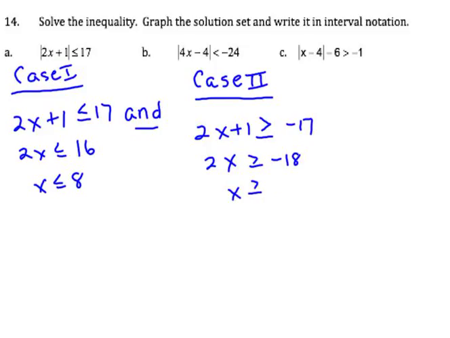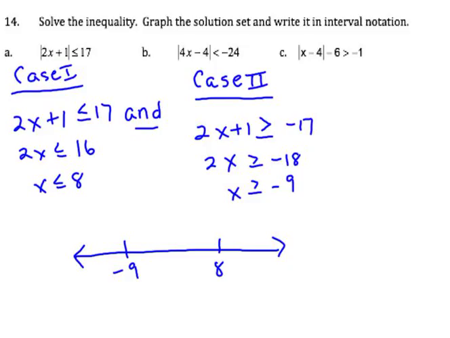So it also says we need to graph the solution set, so I'm going to draw my number line, go from the least to the greatest, negative 9 and 8, and remember it's an AND case, and if it's an AND case, that means that I have to only graph on my number line the overlap of these two cases.